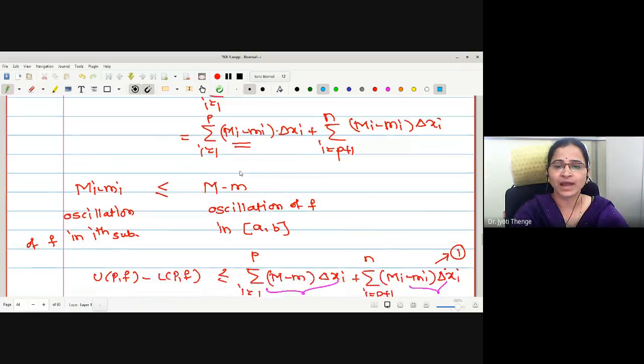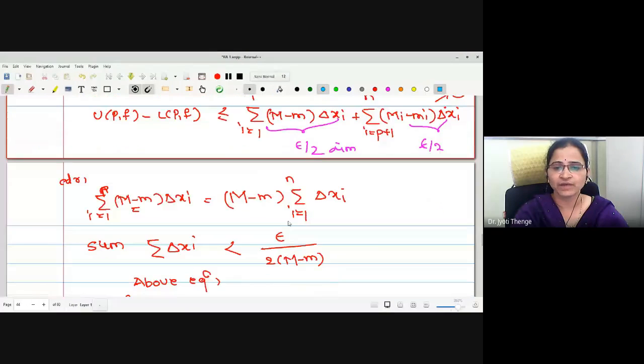Putting the value here, we got the first sum as summation i equals 1 to P of (M minus m) into delta xi. Taking M minus m out, we get summation delta xi. In order to make the term less than epsilon by 2, what adjustment have we made?